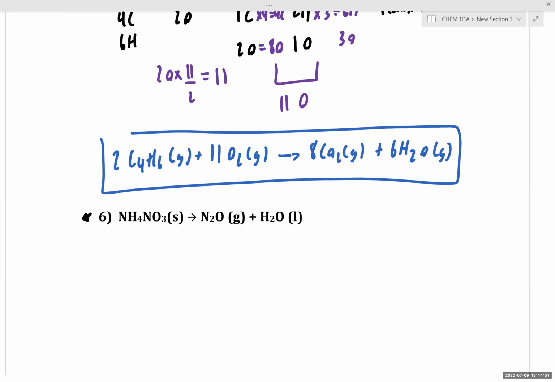Okay, so let's try to get some balanced coefficients for this chemical equation, and then we'll discuss momentarily. Spend about another minute to ensure that we have a balanced chemical equation, and then we'll discuss.